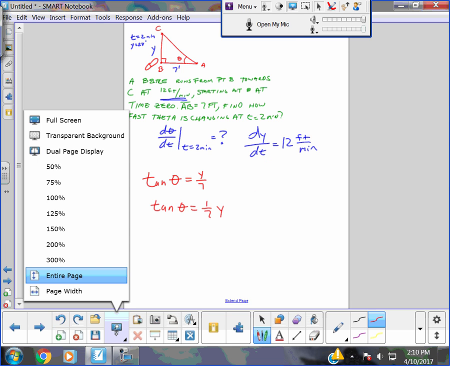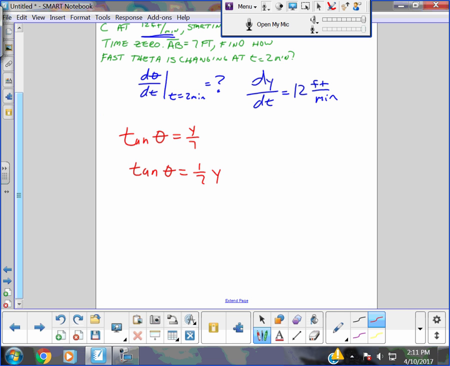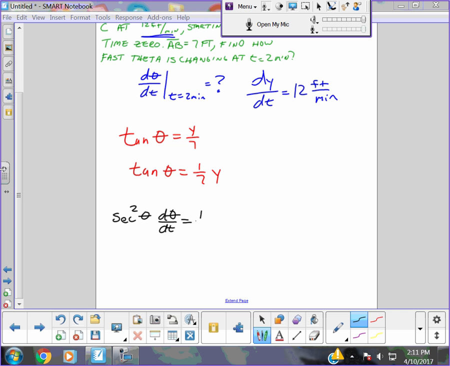I'm going to change the scale on the screen. Work our way down. So the derivative of tangent is secant squared theta, correct? Times d theta dt. There we go. That's what I've got to find. Equals the derivative of 1/7 y, which is 1/7 dy dt.